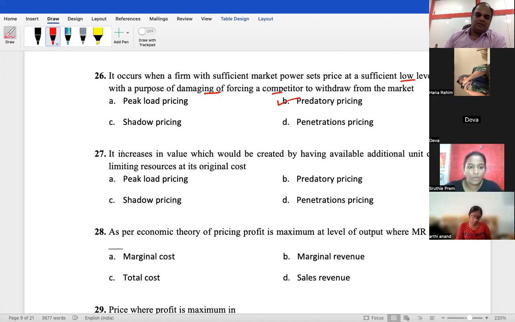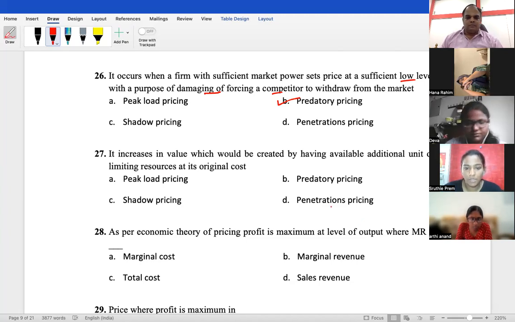Next. It increases in value, which should be created by having available an additional unit of limiting resources at its original cost. Option A, peak load pricing, B, predatory pricing, C, shadow pricing, D, penetration pricing. Additional limiting resource increases the value: shadow pricing.